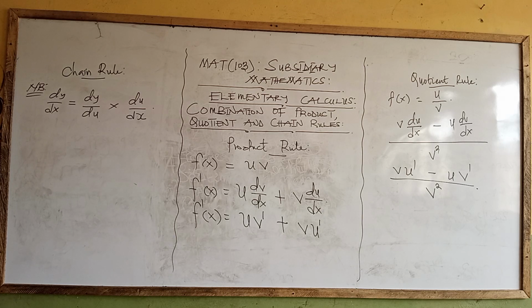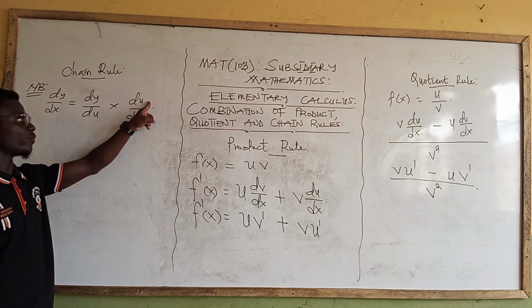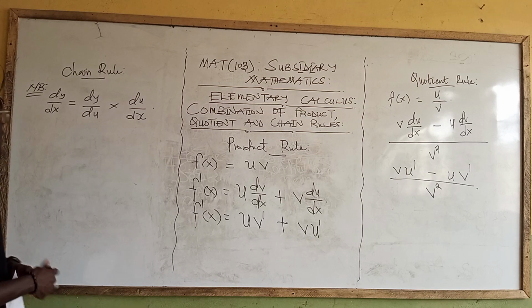We differentiate y with respect to x. If you differentiate y with respect to x, it must be equal to differentiating y with respect to u, times differentiating u with respect to x.